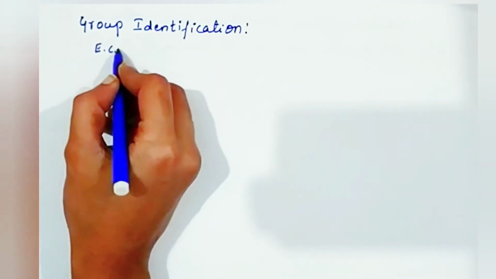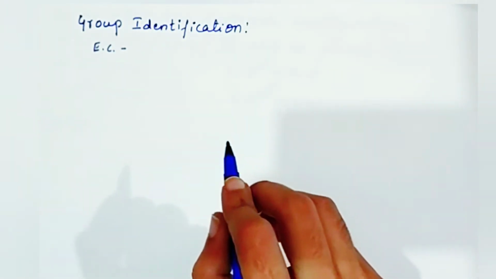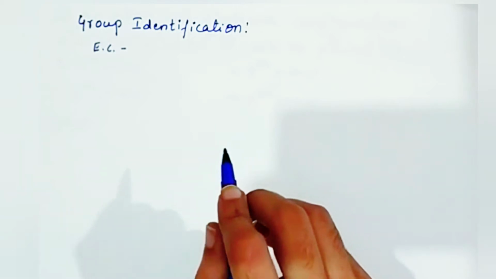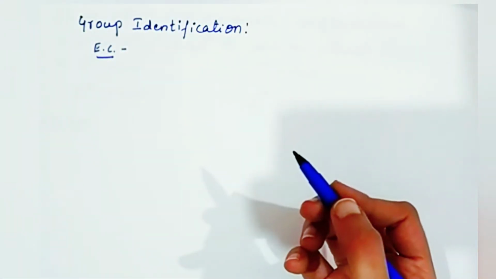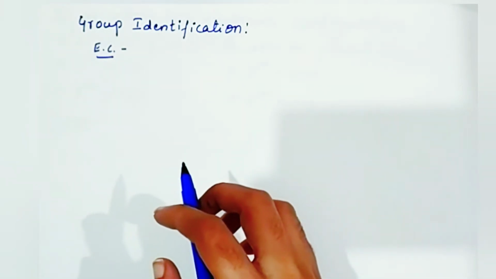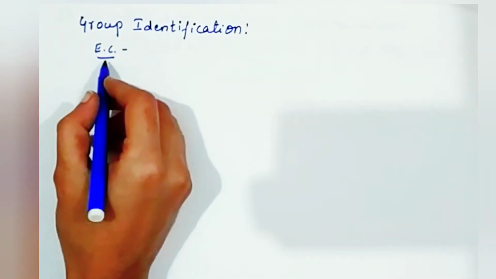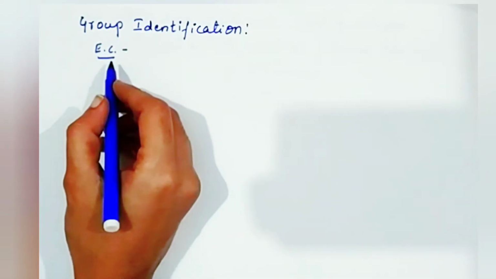Instead of electronic configuration, if the element name or atomic number is given, then first you have to write its electronic configuration. Based on electronic configuration, we can identify its group.